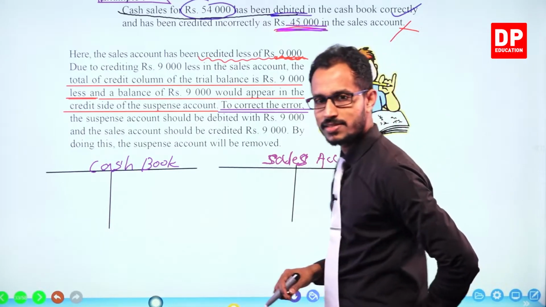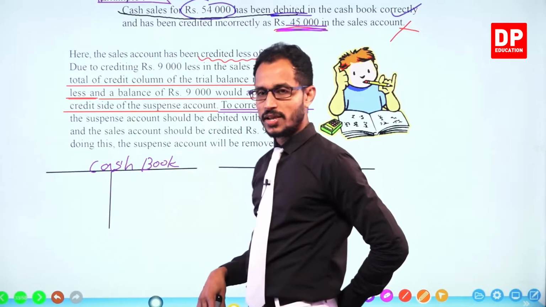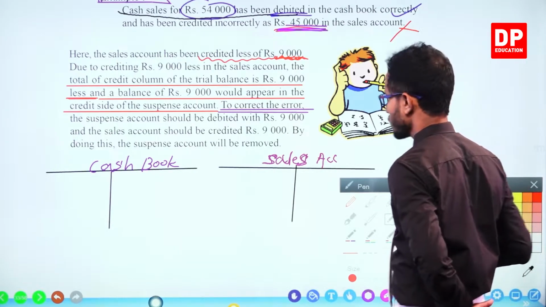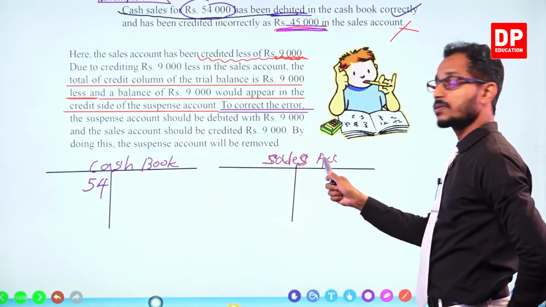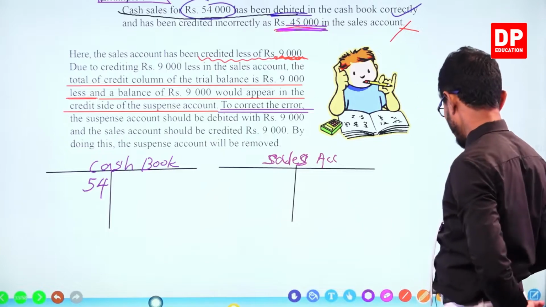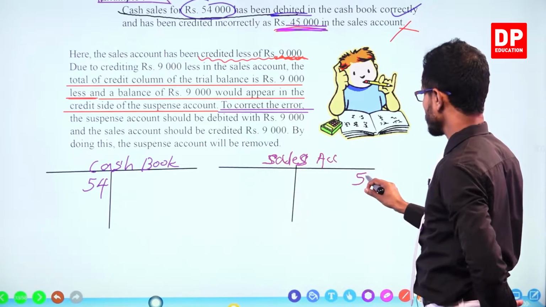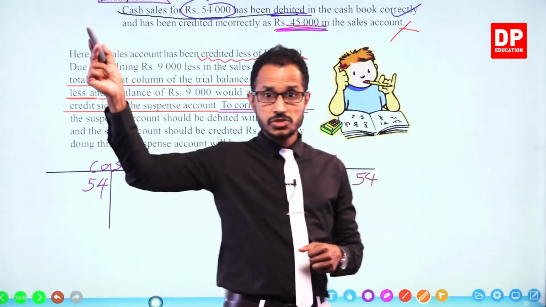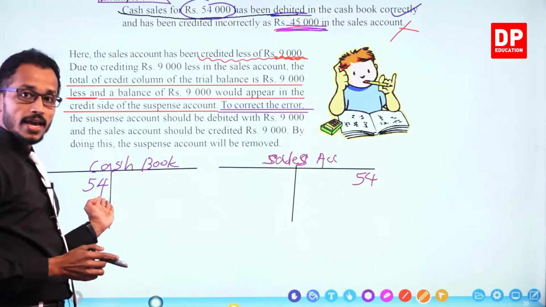These are the two accounts that you need to record this transaction. Cash book debit 54,000 and sales account credit 54,000. This is the double entry which should be entered.